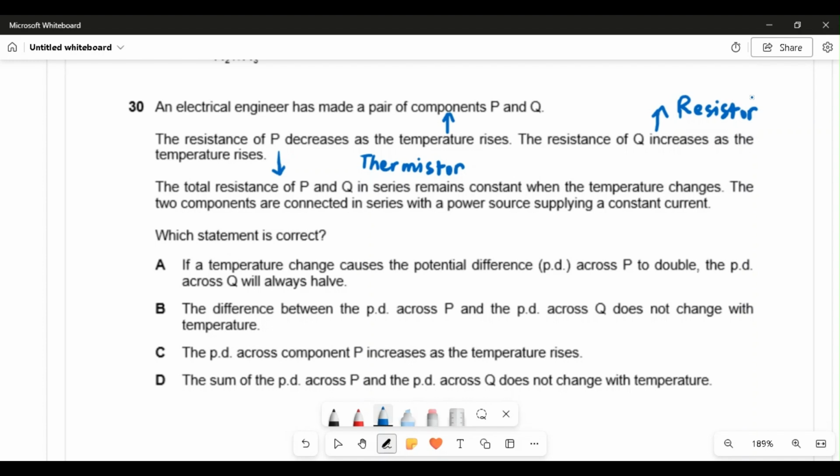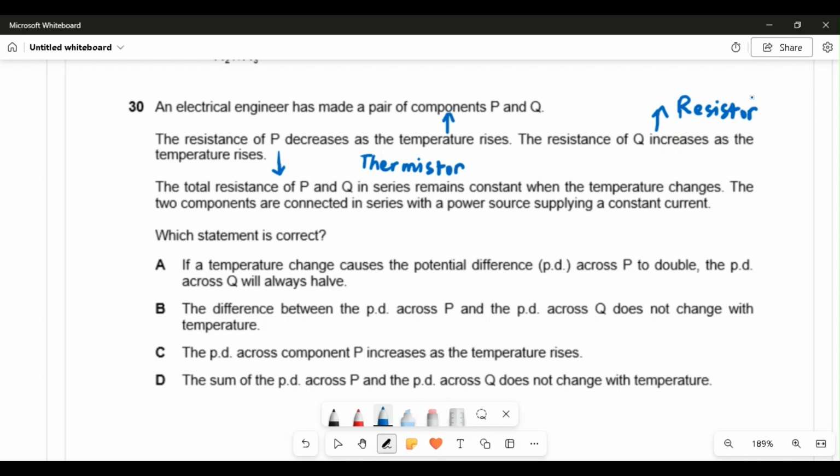The total resistance of P and Q in series remains constant. It means that if we connect a thermistor and a resistor in series, we have a constant total resistance when temperature changes.